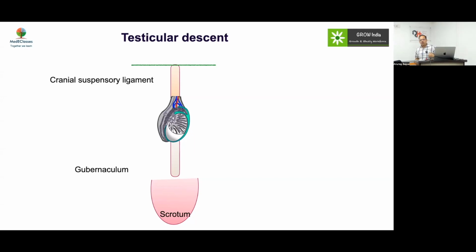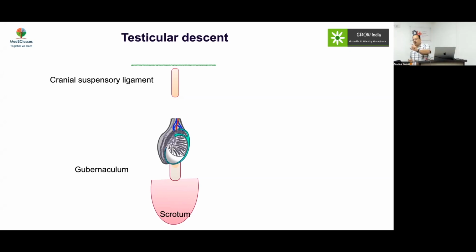But this process of regression of the cranial suspensory ligament and the growth of the gubernaculum is also dependent upon a lot of autocrine, paracrine, and endocrine factors. So as time passes, the CSL will go down and the gubernaculum will enlarge, so the testis will come down.